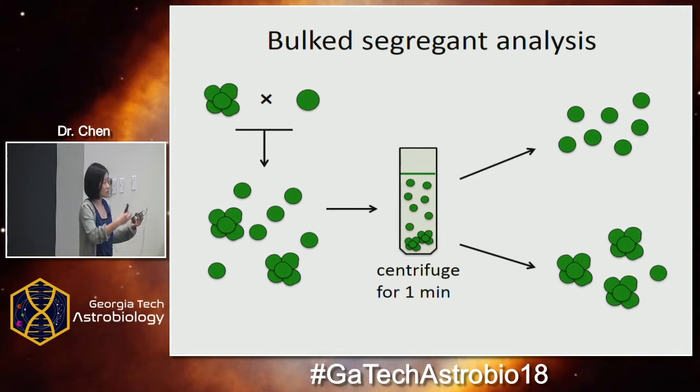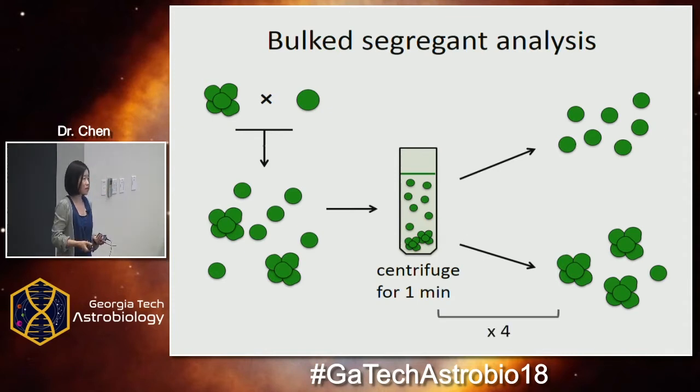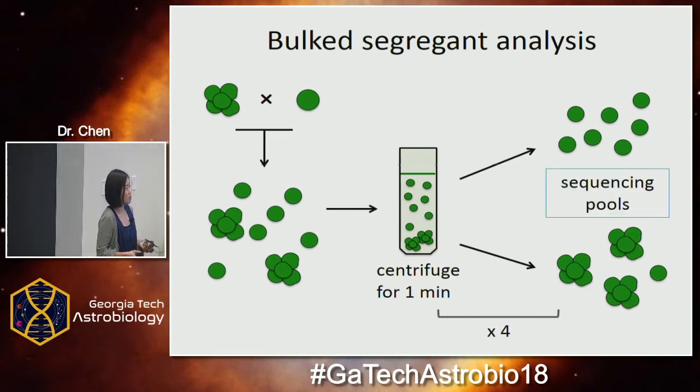The bottom ones go to the multicellular pool and the cells on top go to the single cell pool. By repeating this multiple times, we can enrich the multicellular genotypes and the unicellular genotypes. And then we sequence these two pools of cells to see the allele frequency differences across their whole genomes.